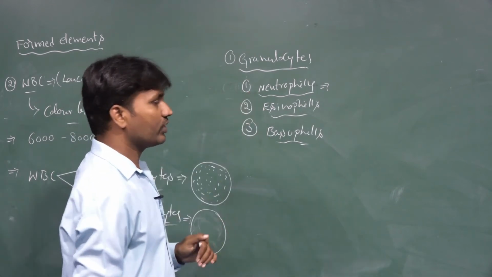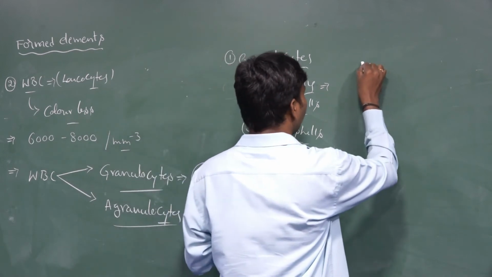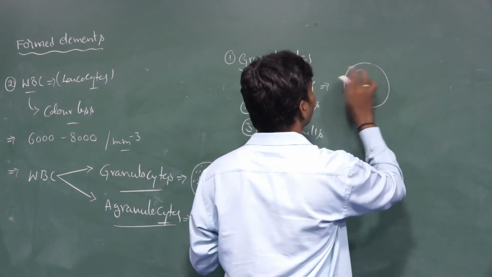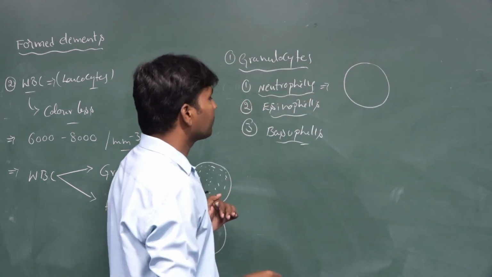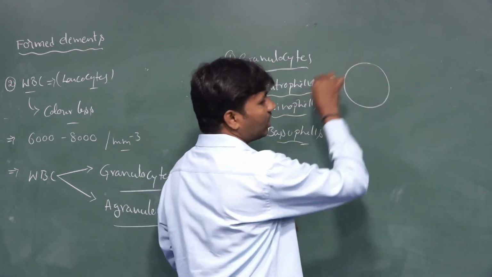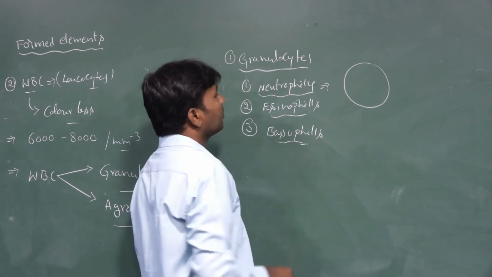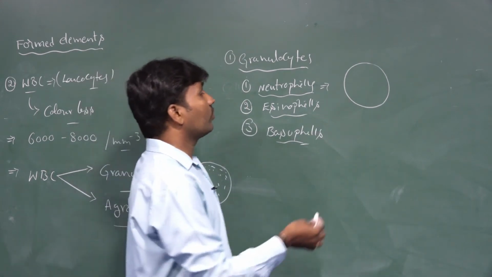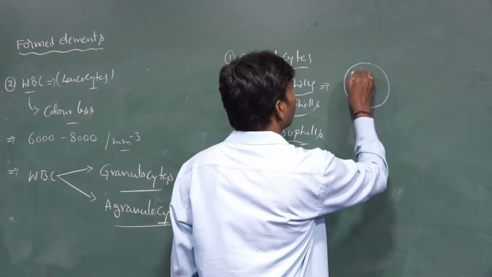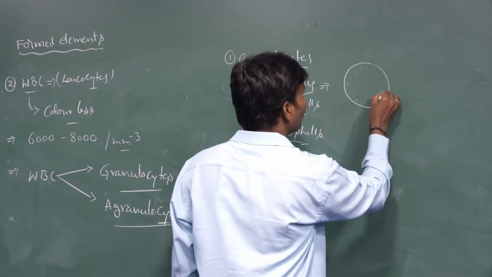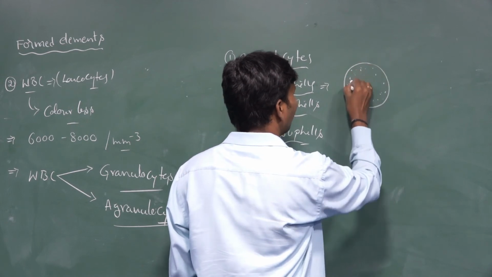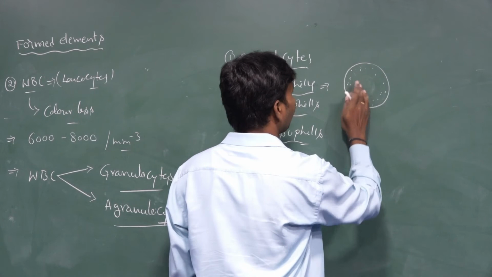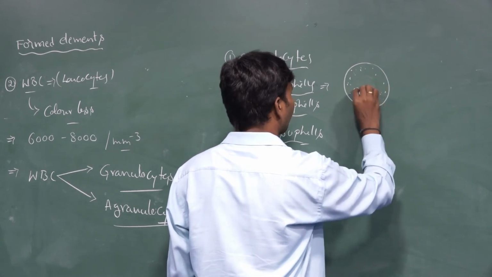First one is the neutrophils. These are rounded circular structures, and the cytoplasm does not have any pigment, but specific granules are present in the cytoplasm.